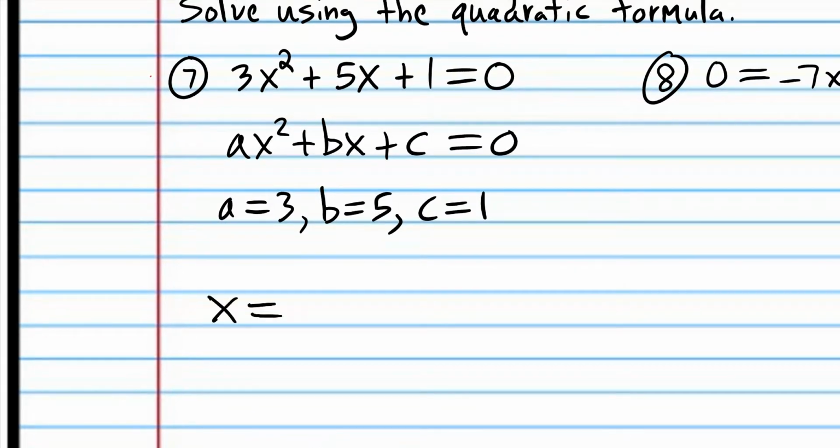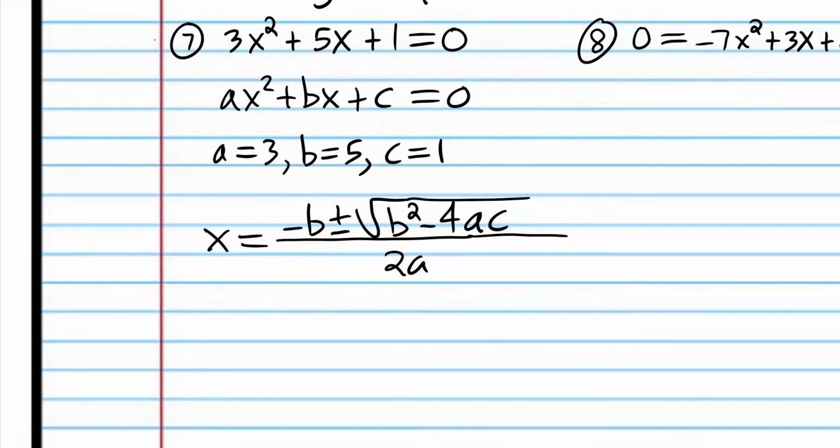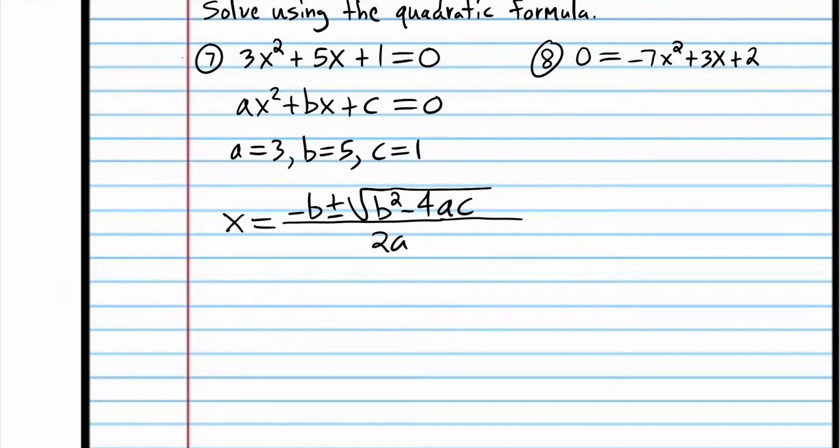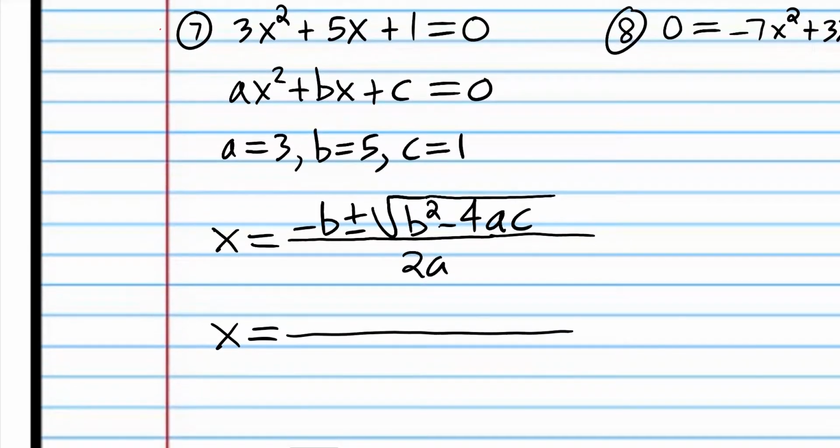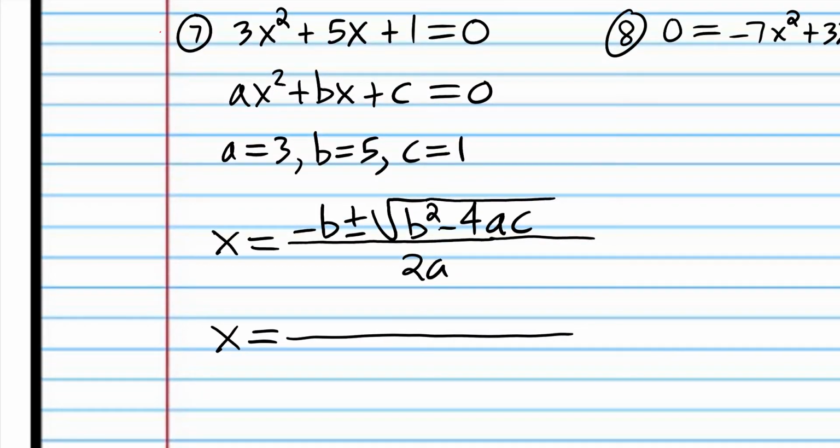So now I'm going to write that formula down, and I'm not going to write that every single time. I'll just pop it on the screen, so you don't have to watch me write it. So now all we're going to do is just plug in those numbers. So b is 5, and we have b again.